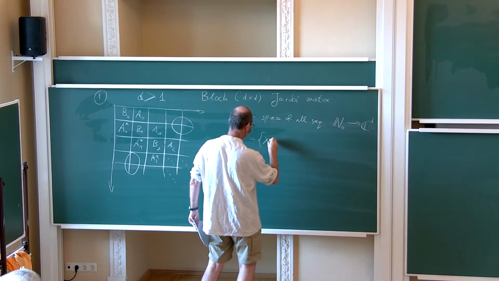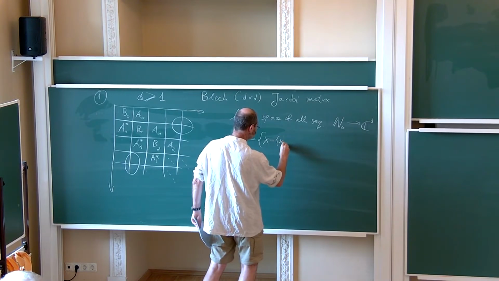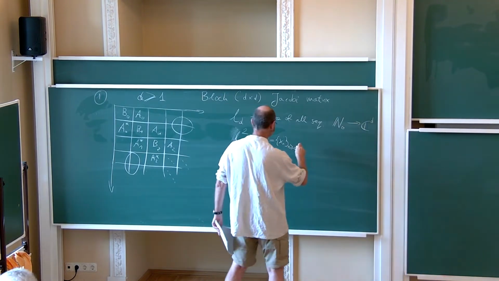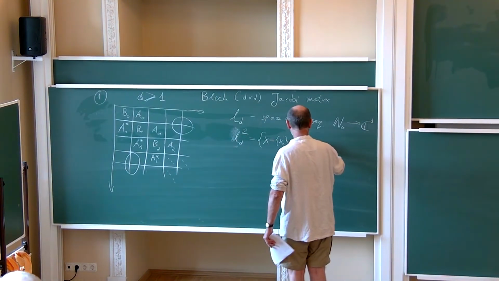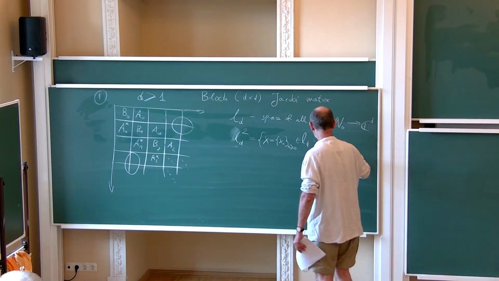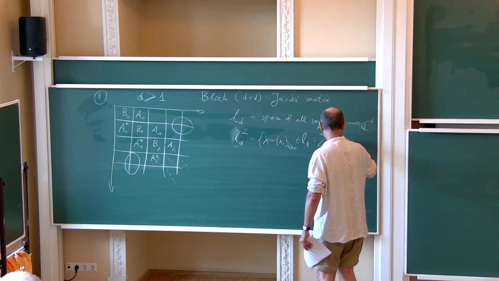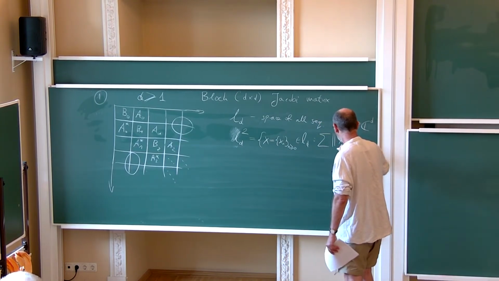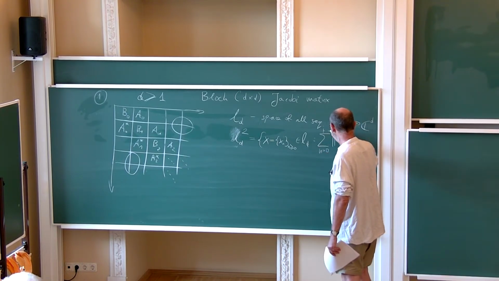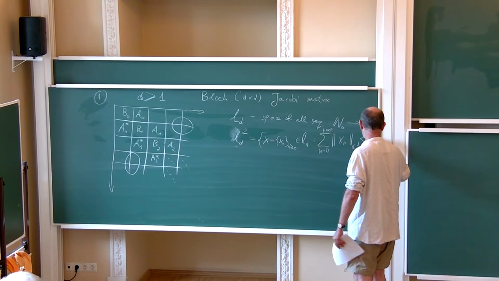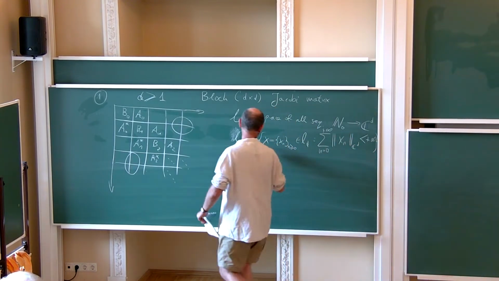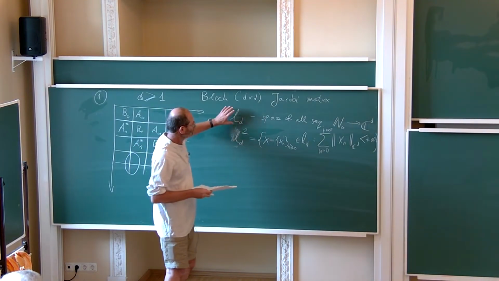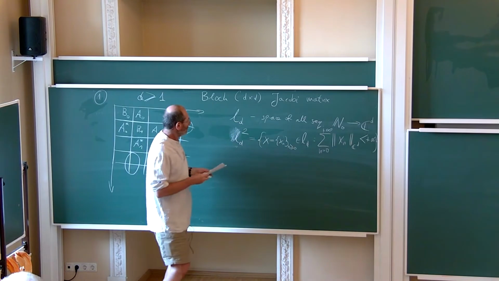This is the space of all x equal to x_n, where n is from N0, belonging to CD, such that the sum of the squared norms in CD of x_n from n equal 0 to infinity is finite. So this is the space with the natural inner product, scalar product.